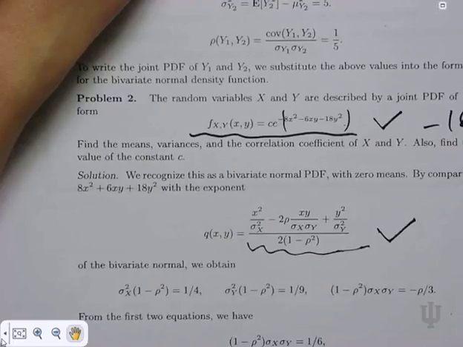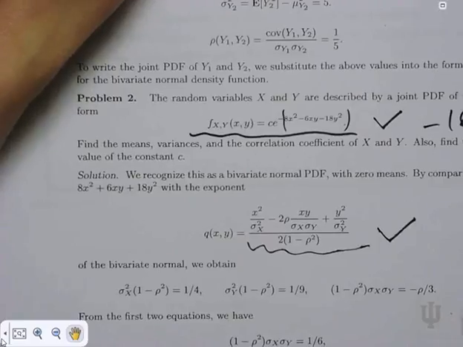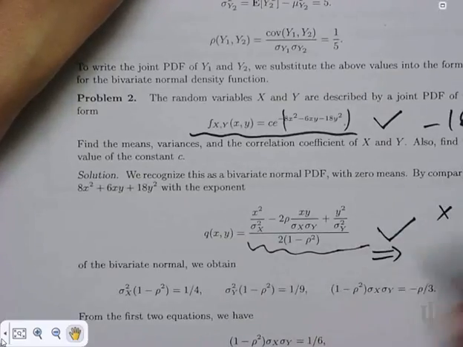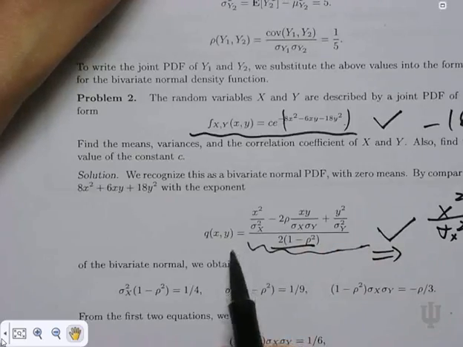I think it's plus here, yeah. So this 8, if I write this formula out, will be x squared over sigma x squared. So I have this move up, right? For the first item.